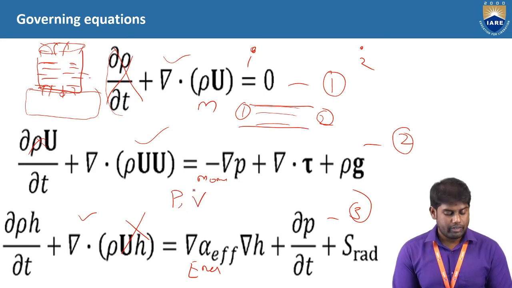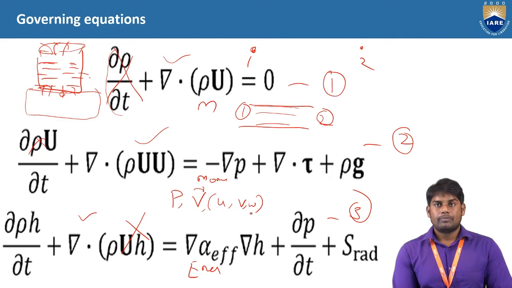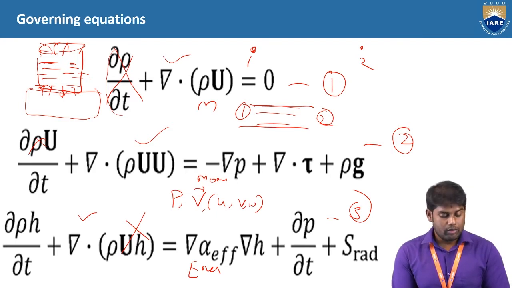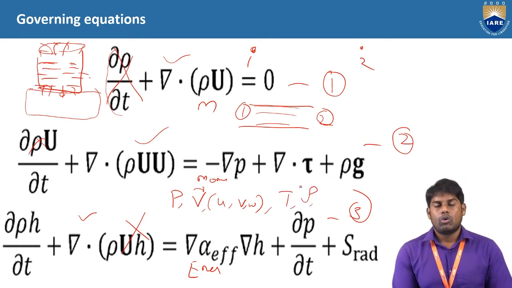Since velocity is a vector, you have u velocity, v velocity, and w velocity. Okay. If the flow is compressible and the temperature effects are predominant, then you have temperature, density, enthalpy, and so on, depending upon the physics of the problem.